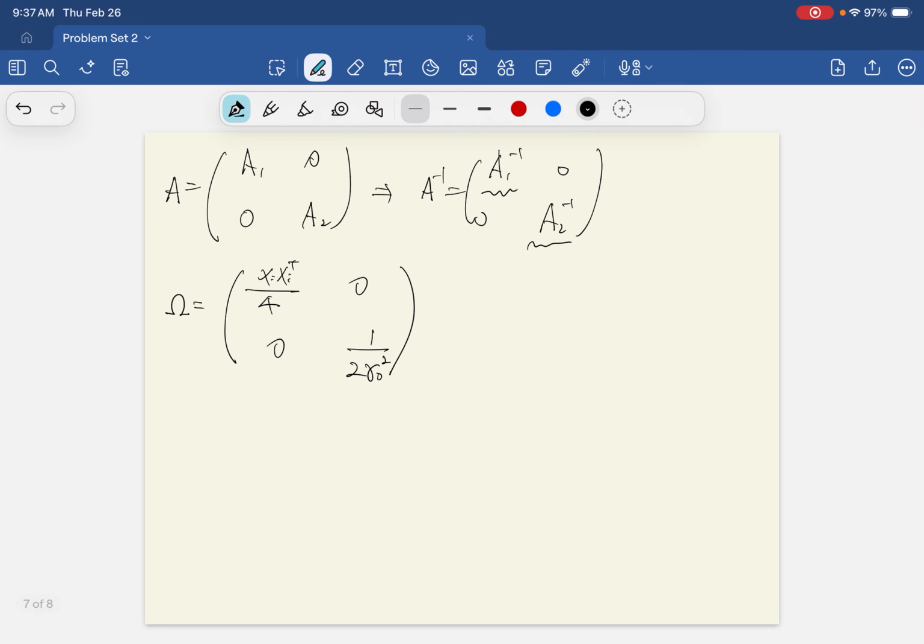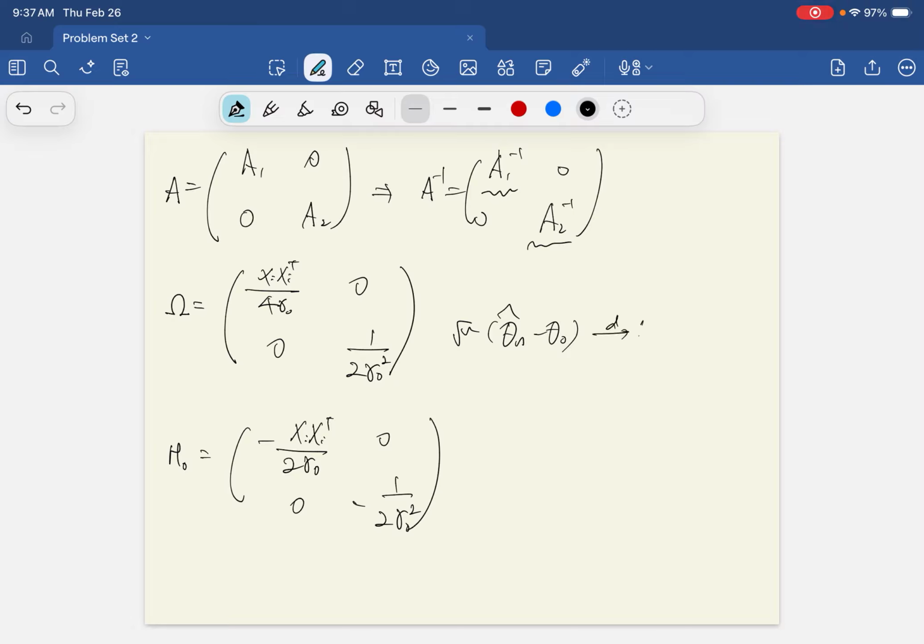Oh, by the way, I forgot gamma 0 here. And H0 was minus xi transpose over gamma 0, 0, 0, minus 1 over 2 gamma 0 squared. Okay, and then we know the MLE converges to a normal distribution with mean 0 and variance V, where V is H0 inverse omega H0 inverse.